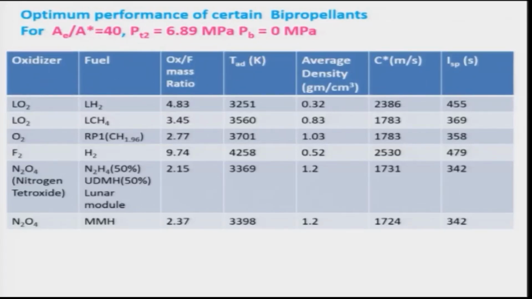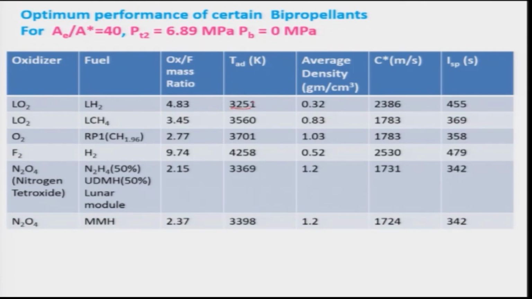And let us look at the optimum performance of certain bipropellants, at an area ratio Ae by A star. This area ratio of the nozzle is 40, chamber pressure is 6.89 megapascal and back pressure is 0 megapascal, almost space. So, you can look at liquid oxygen and liquid hydrogen at the stoichiometric oxidizer-fuel ratio, which will give you 3251 Kelvin.